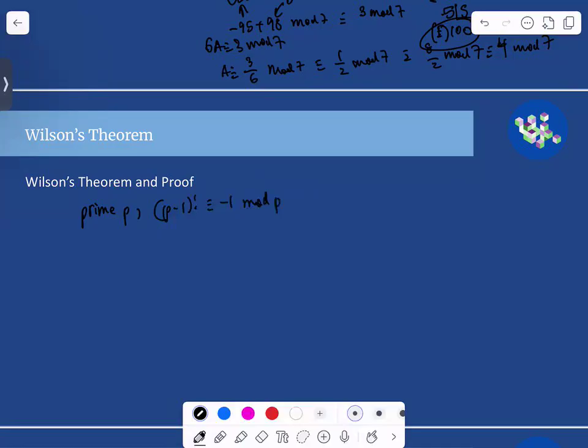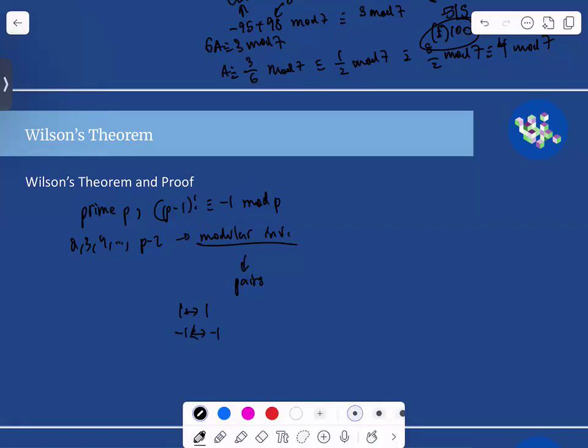The proof is that you can notice that the numbers 2, 3, 4, and so on till p minus 2 all have unique modular inverses, and so modular inverses come in pairs. The only exceptions are 1 and negative 1, because they are their own modular inverses.